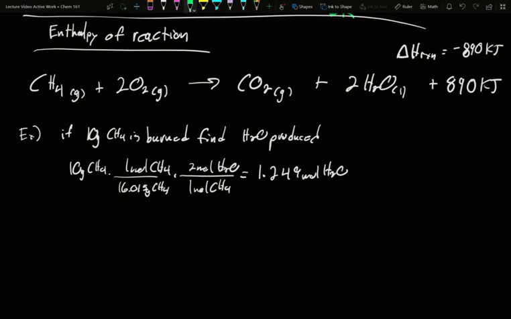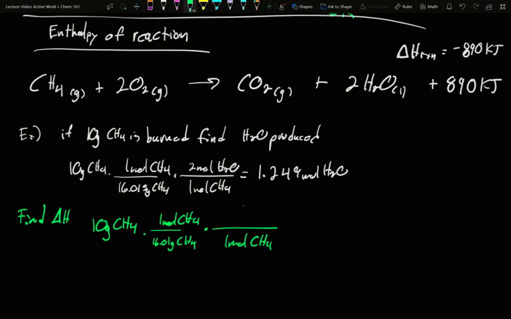Well, we can simultaneously find the energy for this amount of methane, for 10 grams of methane reacting. Well, I know there's 16.01 grams of methane for every 1 mole of methane. And the balanced reaction tells me that for every 1 mole of methane, there is 890 kilojoules of energy involved, for what we can calculate to be 556 kilojoules.